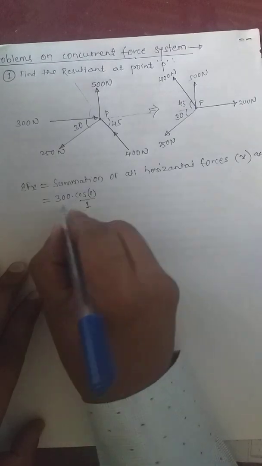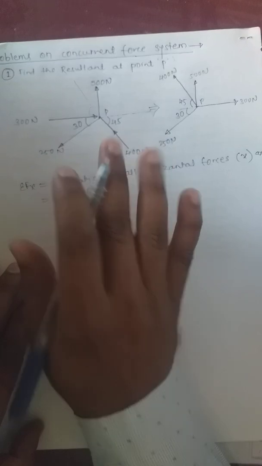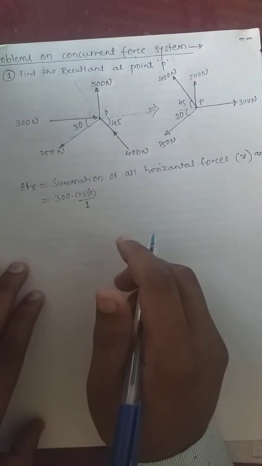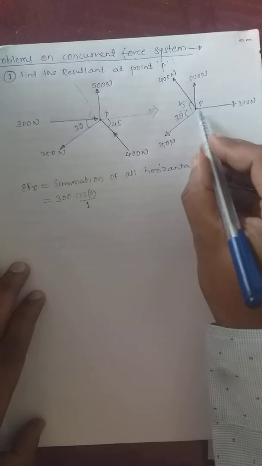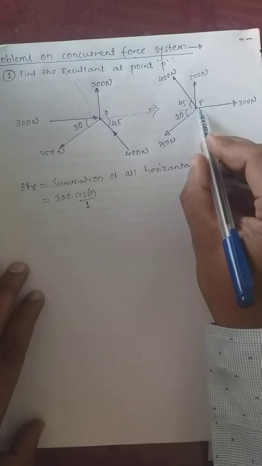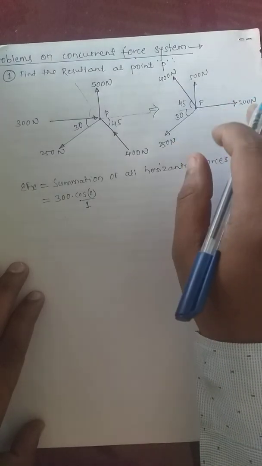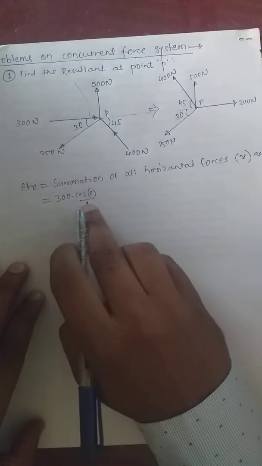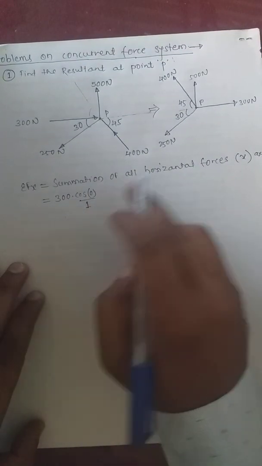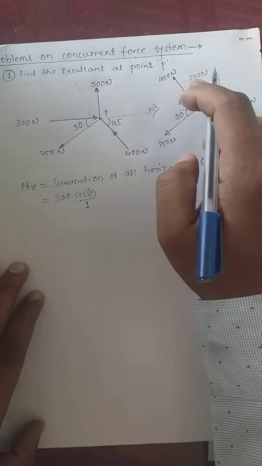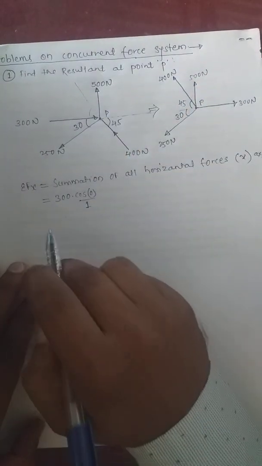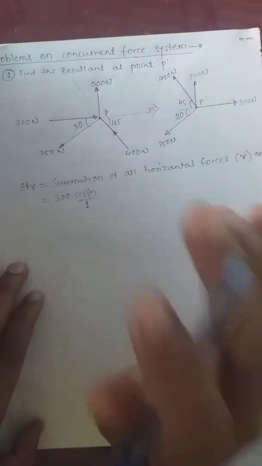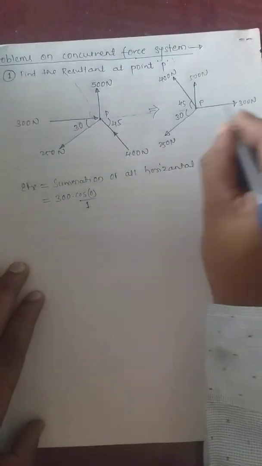That's why we'll consider 300 as it is. In other words, for all the forces along x, we will consider that particular magnitude as it is, because cos of 0 equals 1. If the force is along the y-axis, we'll consider that force in the summation of F of y only. So the first part is over.